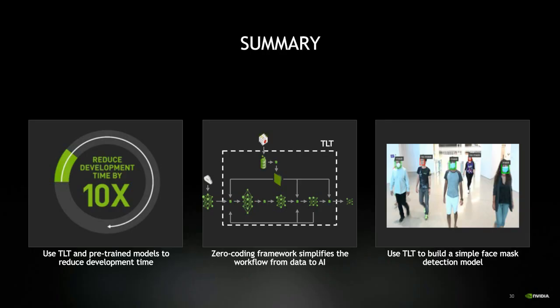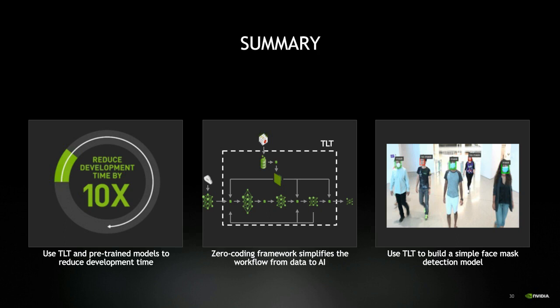This concludes my talk. To summarize, in this webinar, you learned about key features of TLT and pre-trained models and how they can help you reduce your development effort and time by up to 10x. Next, I went over the entire workflow of TLT from bringing your dataset to generating a trained model.